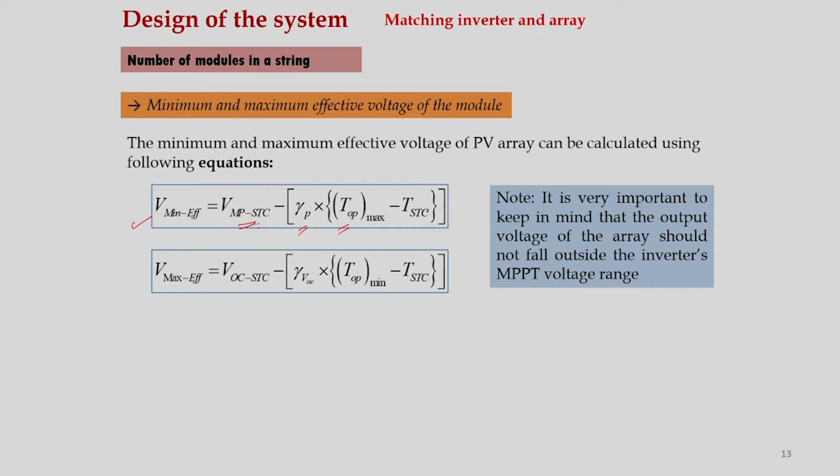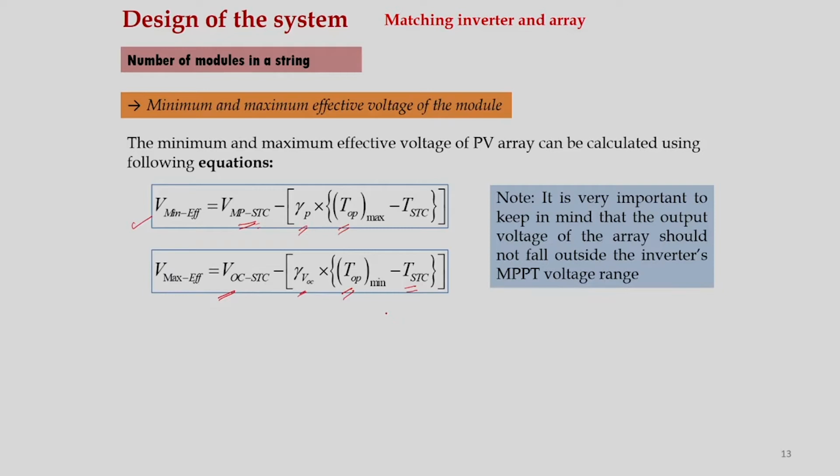and the STC condition is 25. For calculation of V max effective, we need to know the open circuit voltage under standard test condition, and we have to use the temperature coefficient for open circuit voltage, and we know this T operating temperature by knowing the climatic condition of a particular location, and TSTC is known to us.